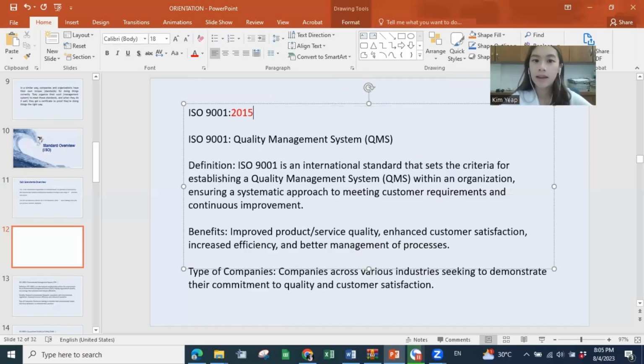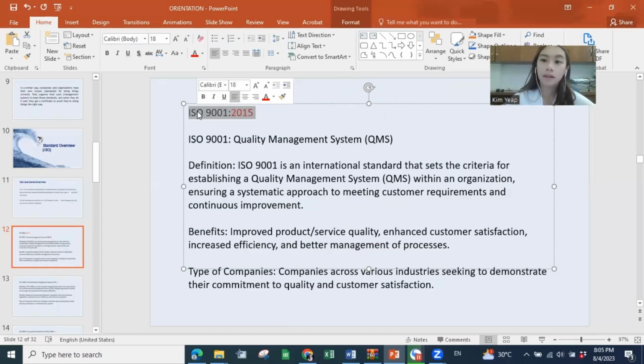So what it means here is that in 2015, the ISO body published a new standard. They took the 2008 version, updated the new changes inside, and published it in 2015. So from 2015 onwards, there is a new standard. Imagine this is an ISO 9001 standard, the 2015 version.